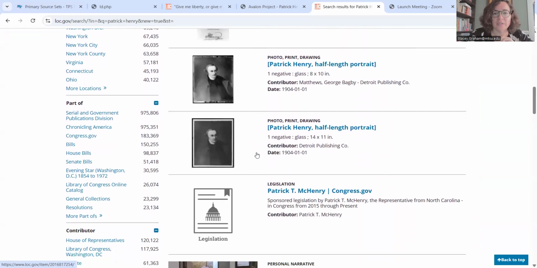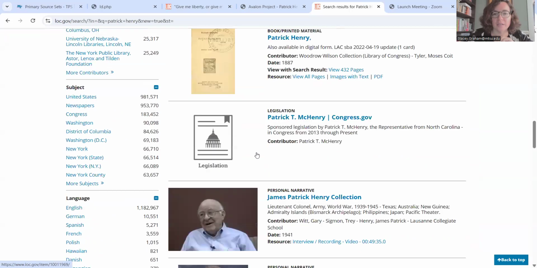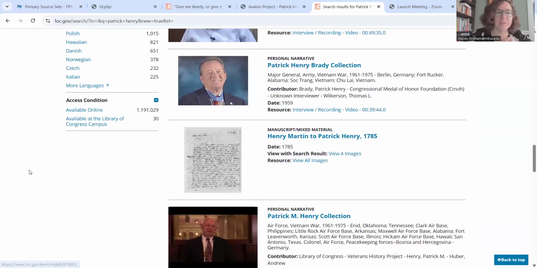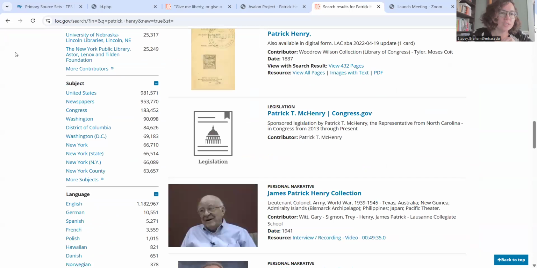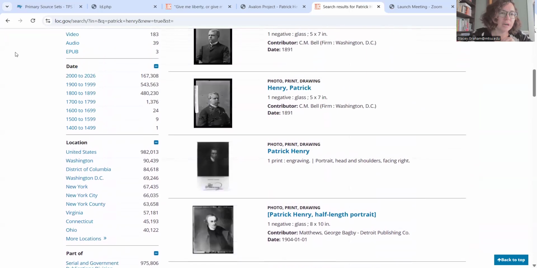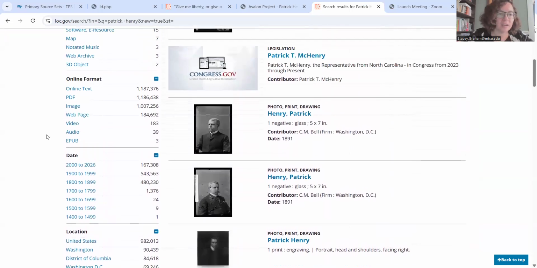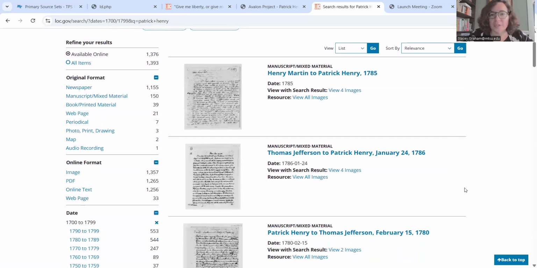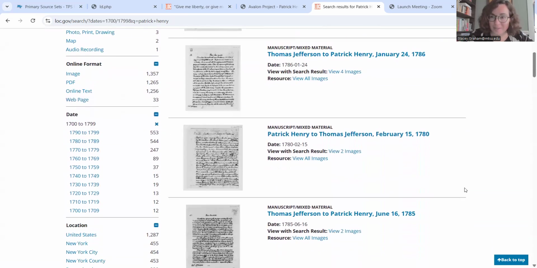You see that there isn't anything from the 18th century until you get to some manuscript pages. So let's say we filtered by date along the left-hand column and just looked at the results from the 18th century. And now we're getting into some really good primary sources.